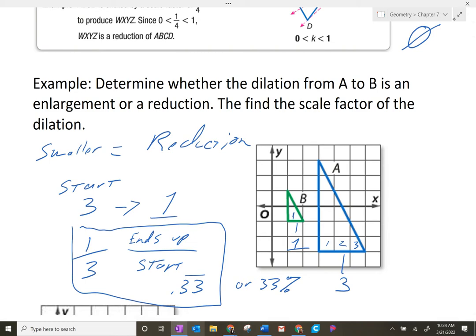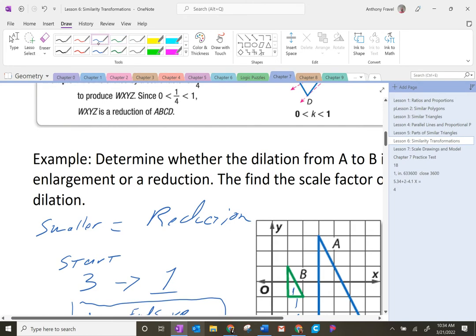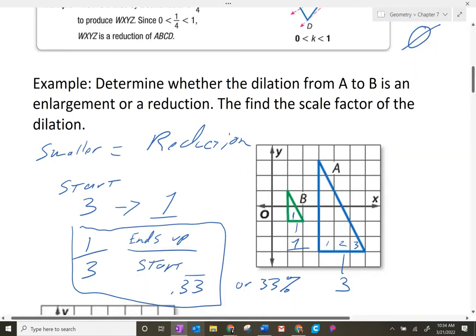I told you I was going to do this with the other side, so I will do it with a different color. If I were to count this side, I've got 1, 2, 3, 4, 5, 6. So the length of this one is 6. This one is 2. So it ends up at a 2. It starts at a 6.